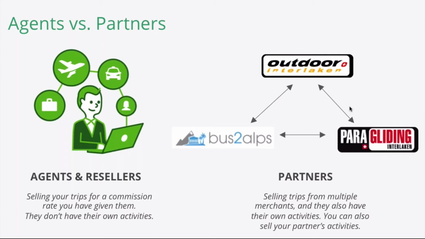You are deciding together who is selling what and for what commission or reselling price. With partners, the main point is also that they need to be a TrekkSoft user as well. So you're partnering up with another TrekkSoft user. You need to have a merchant account to be able to sell partners' activities. So that's the main difference between agents and resellers and partners.